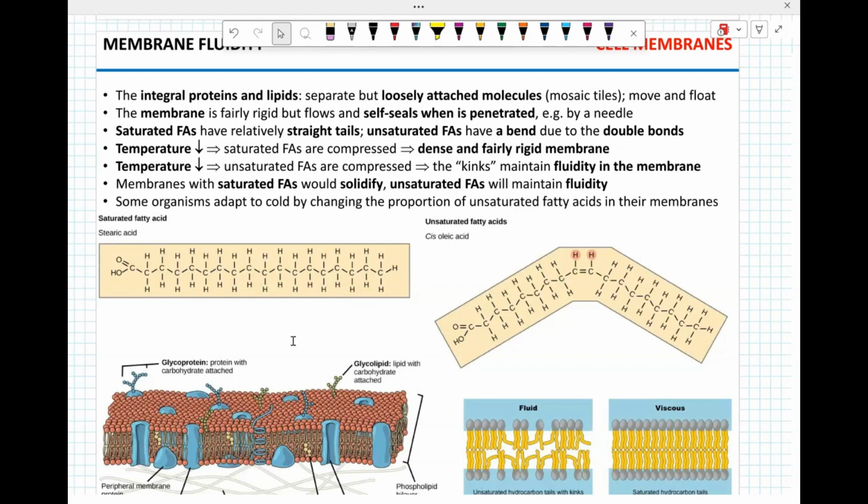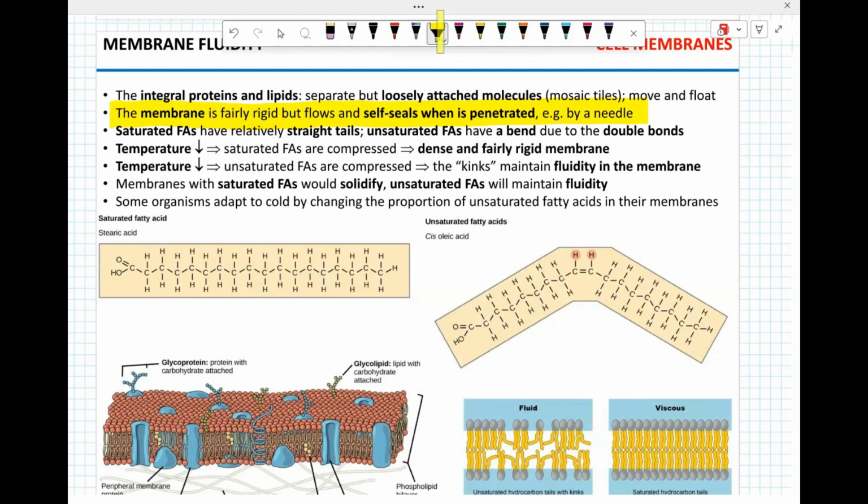And this is the key statement about the properties of the plasma membrane, is that it is rigid in the sense that it's not dissociating as the cell grows, but at the same time, the components of the membrane can flow laterally within the membrane.